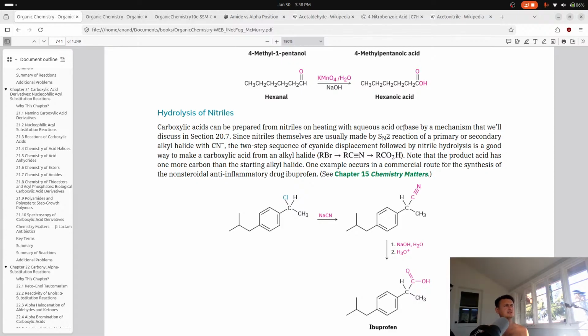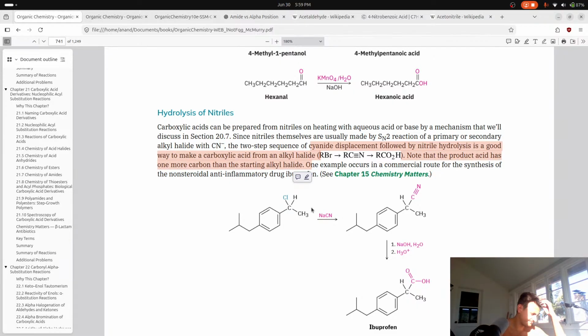Since nitriles themselves are usually made by SN2 reaction of a primary or secondary alkyl halide with CN minus, the two-step sequence of cyanide displacement followed by nitrile hydrolysis is a good way to make a carboxylic acid from an alkyl halide. Oh, that's cool.